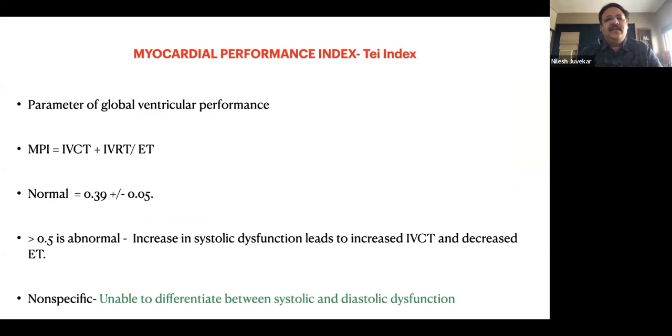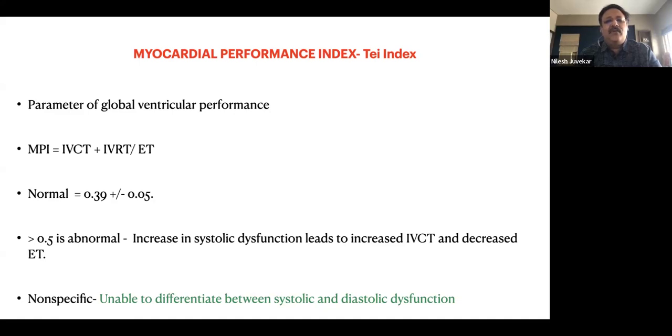Now the TEI index. The TEI index is basically a parameter of global ventricular performance. It means it is non-specific. It cannot differentiate between systolic and diastolic dysfunction. So the MPI is basically calculated by adding the isovolumic contraction time and the relaxation time and dividing it by the ejection time.